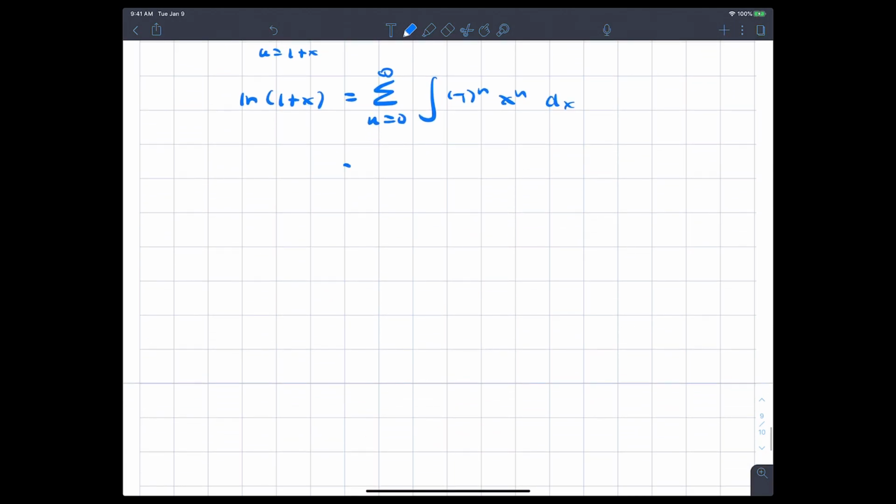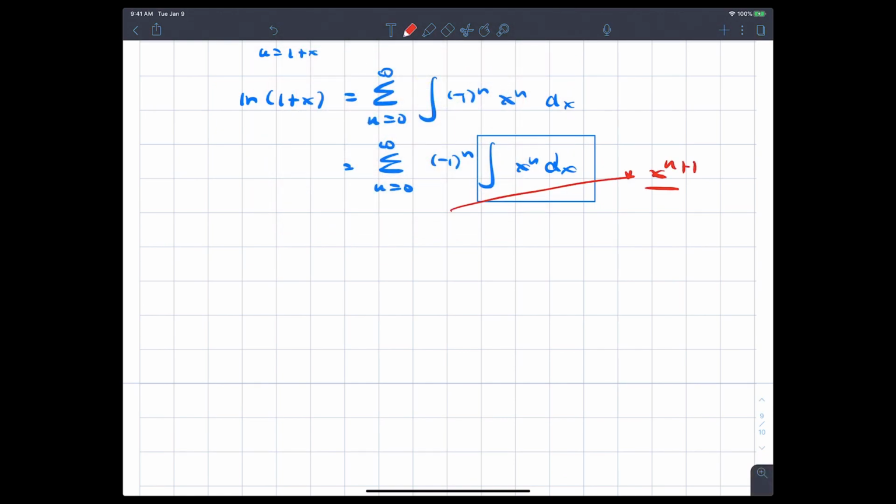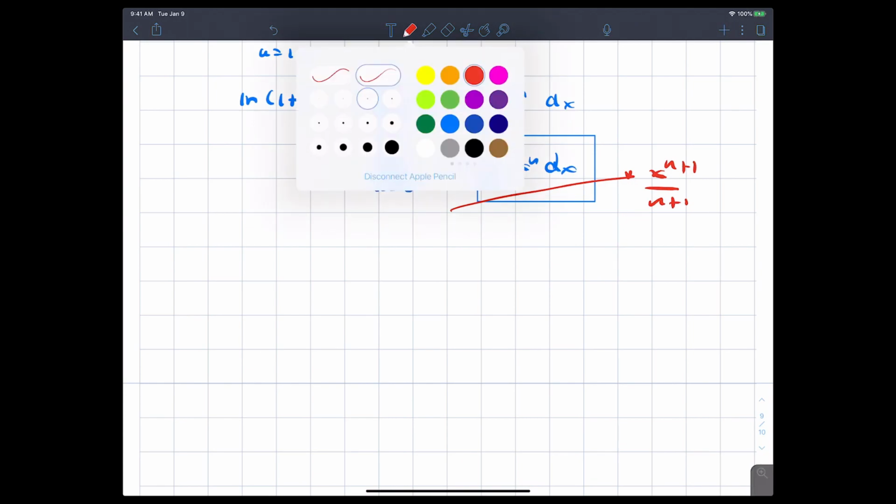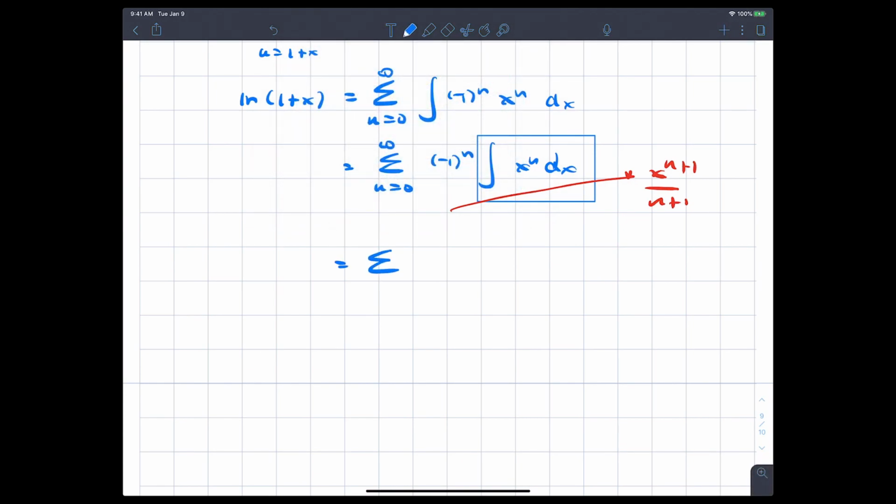And then we can say, pull out the constant, and we just have to integrate here. And this portion, x to the n plus 1 over n plus 1. Sum n is 0 to infinity, negative 1 to the n, x to the n plus 1 over n plus 1.